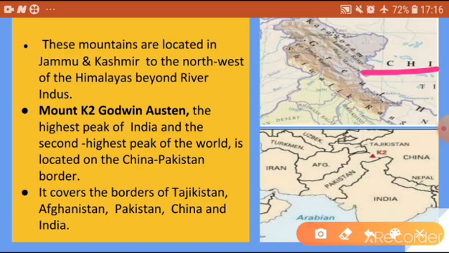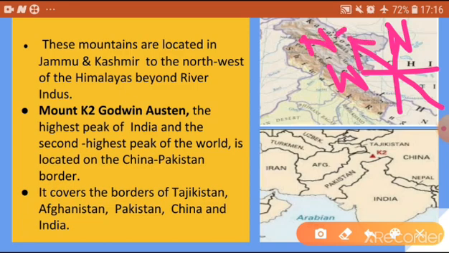That means in between north and west, there is an intermediate direction, that is northwest. So not only main directions, 4 main directions are there. What are they? North, south, east, west.